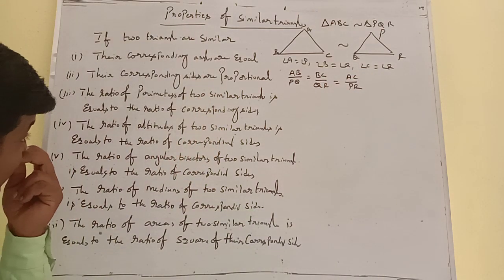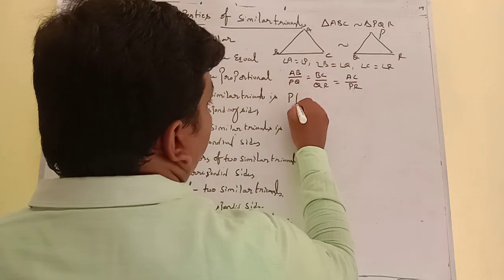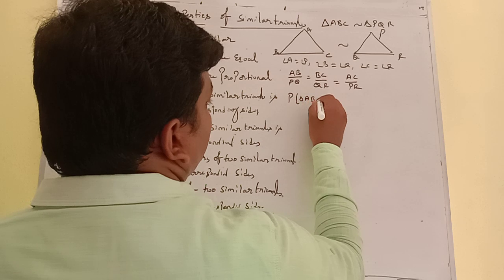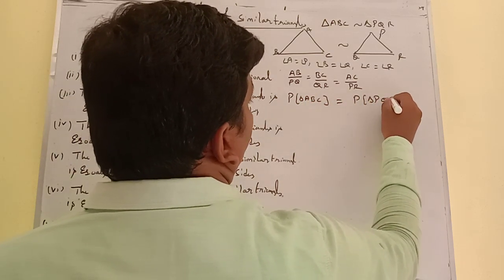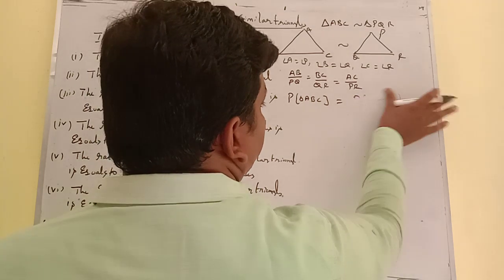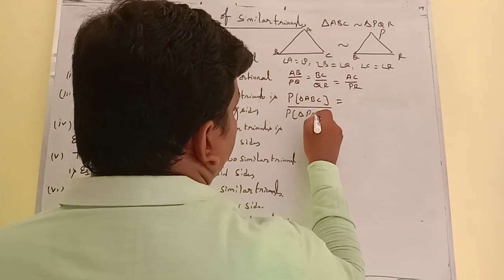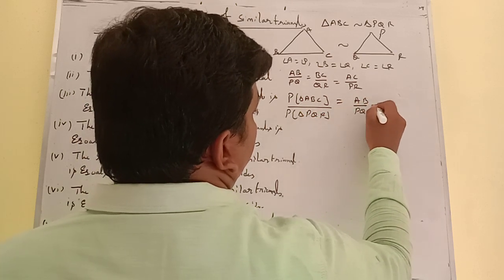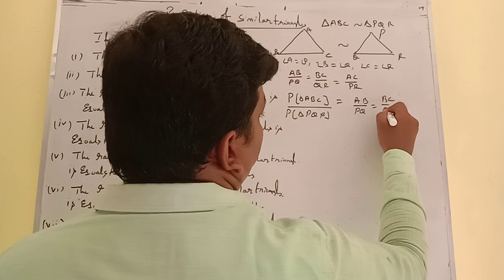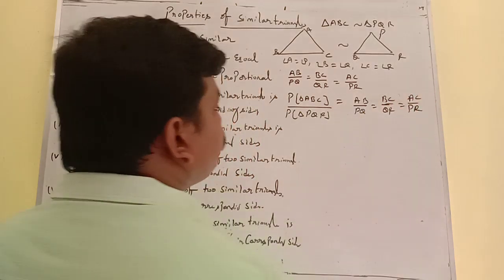Now the third point is the ratio of perimeters of similar triangles. The perimeter of triangle ABC by the perimeter of triangle PQR is equal to AB by PQ, that is equal to BC by QR, that is equal to AC by PR.